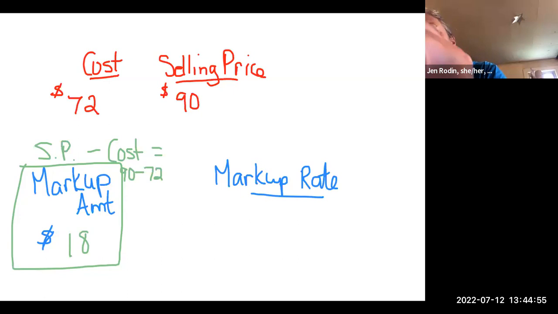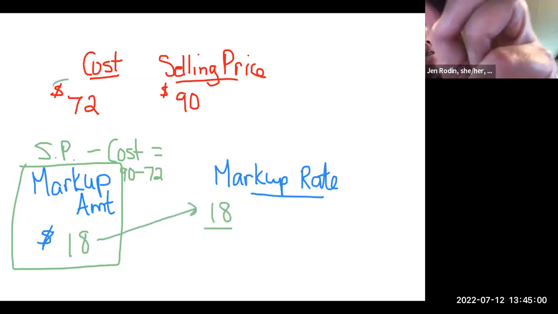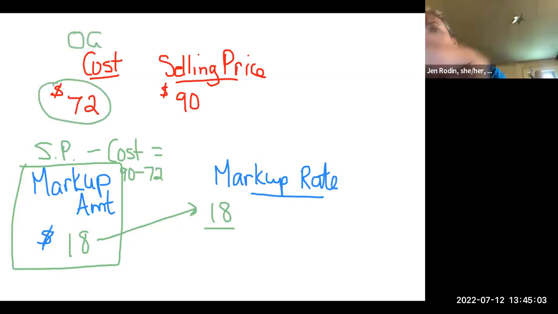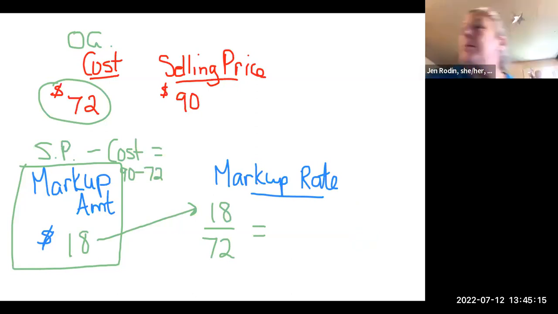All right, then the markup rate, just like with the discount rate, is 18 over the original cost. You always go with the OG for that, the denominator. And then we want a percent eventually, so we're going to get a decimal. I just made this one up, so I have to grab my calculator, or I would do that proportion way to solve this too, but I'm just going to go 18 divided by 72. .25.